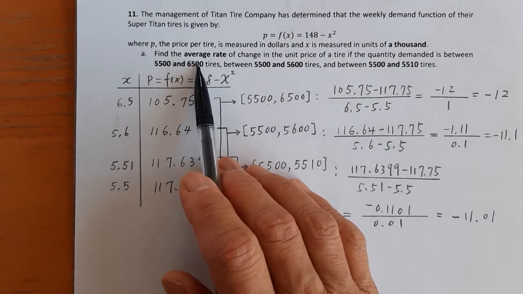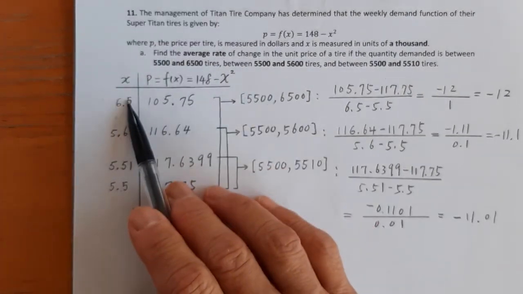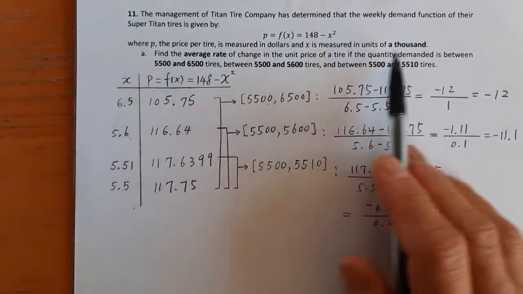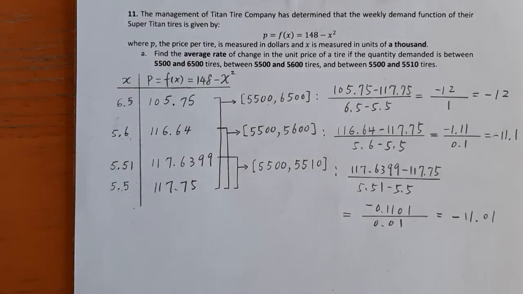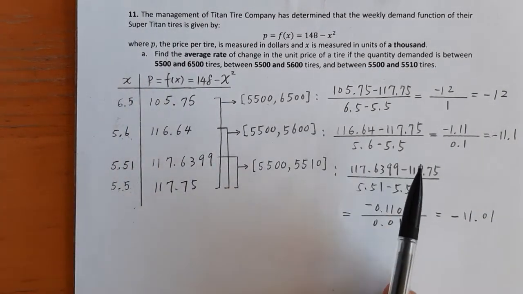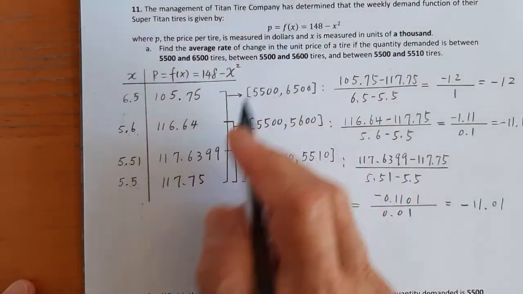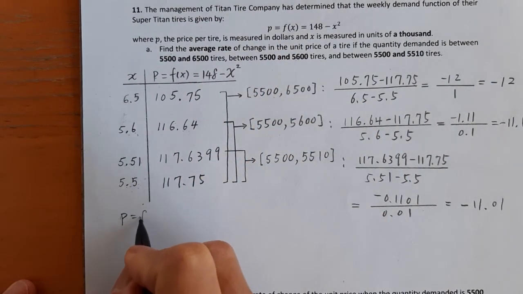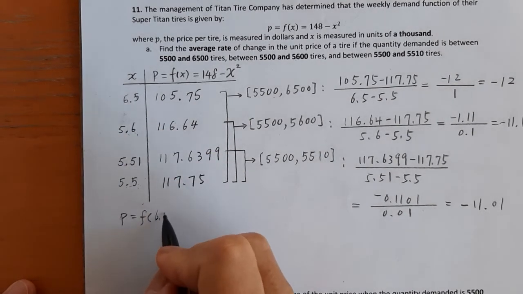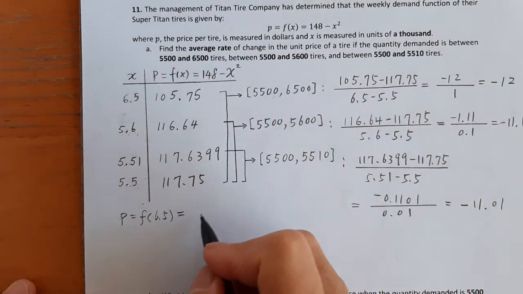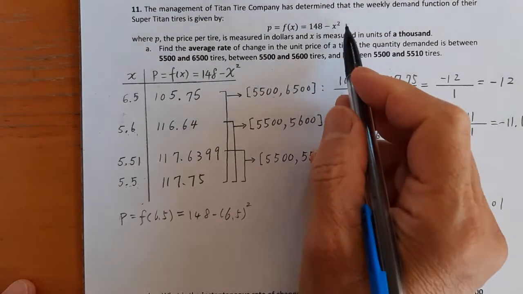So we figure out the price for 5.5, 6.5, 5.6, and 5.51. For each x, plug in to figure out the price P. First, P equals f of 6.5, which is 148 minus 6.5 squared.